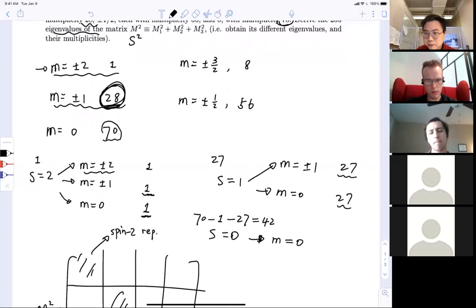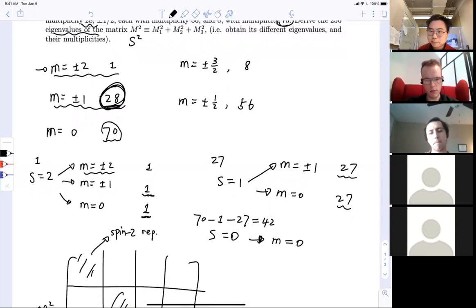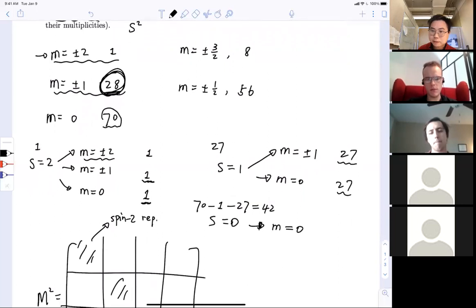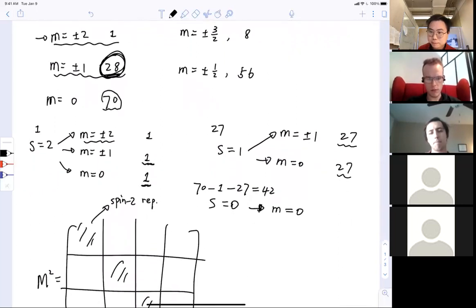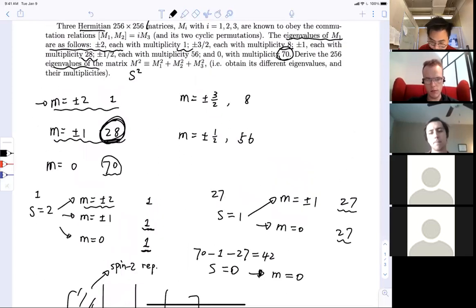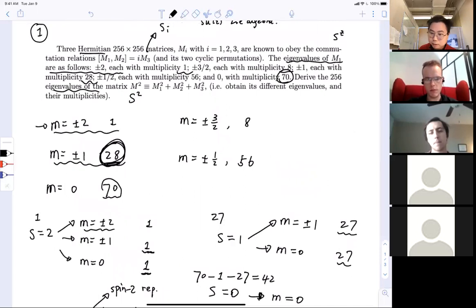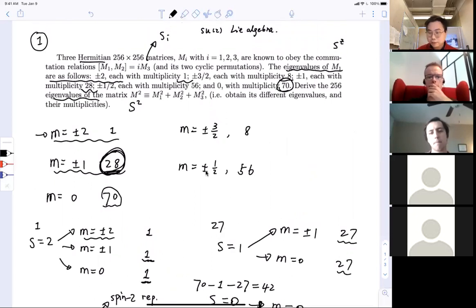Any questions about what I'm saying here? I mean, this is very SU(2) dependent. Is this just a fun comp problem meant to get us to recognize SU(2) stuff, or does this have broader implications in physics? I don't think so.